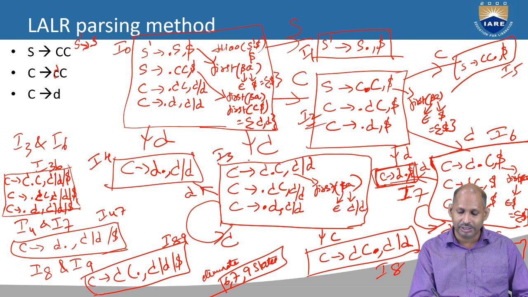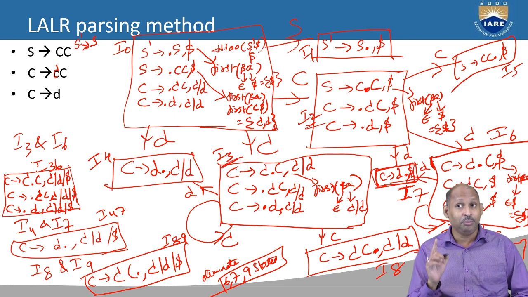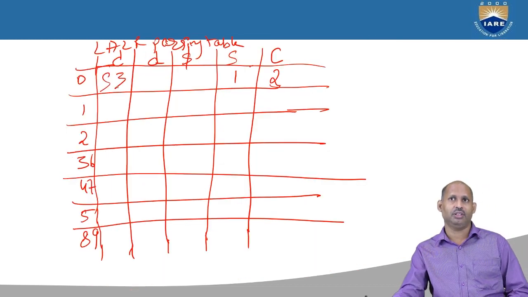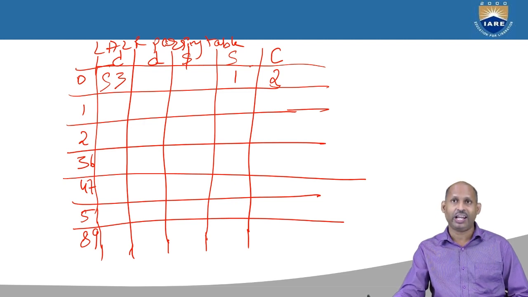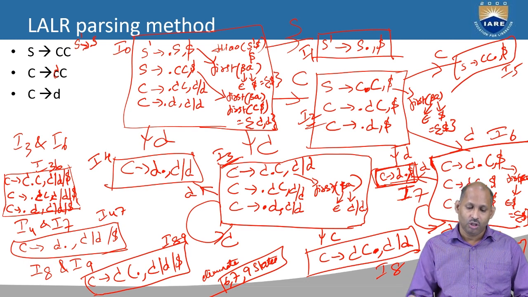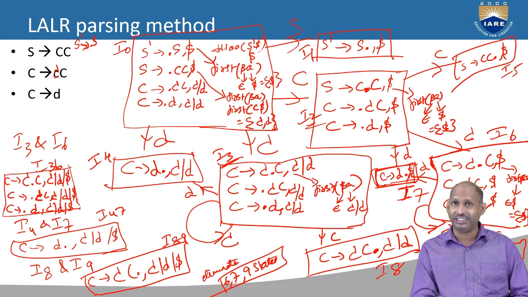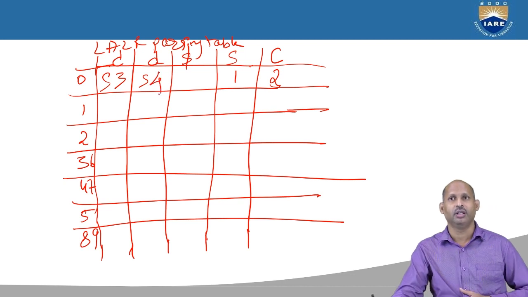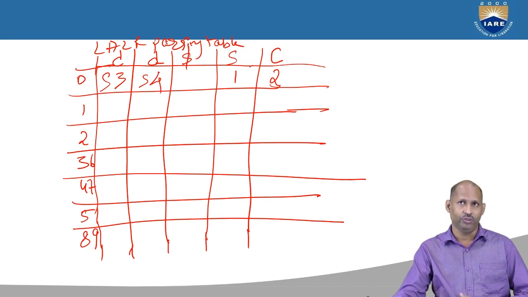On terminal C, going to 3. Terminal means action part, so we write S3, shift 3, in the action table. Then on terminal D, it is I4, terminal, so action part, S4, shift 4.